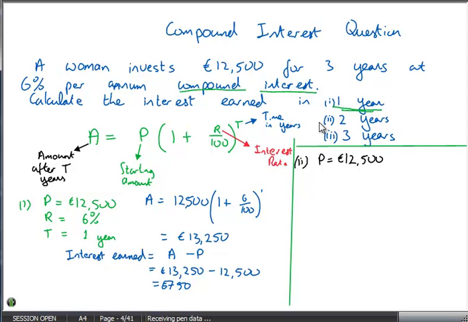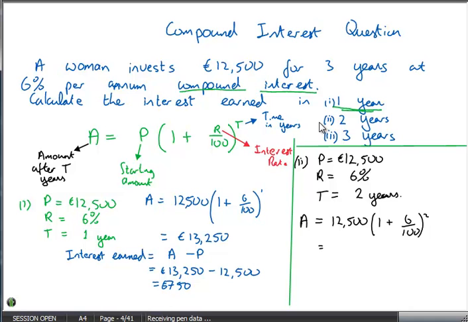That's the starting amount. It's like a completely different problem. Our interest rate is 6%, and in this case our time is 2 years. So, substitute it into the formula. We have A is equal to 12,500 times 1 plus 6 over 100 squared.